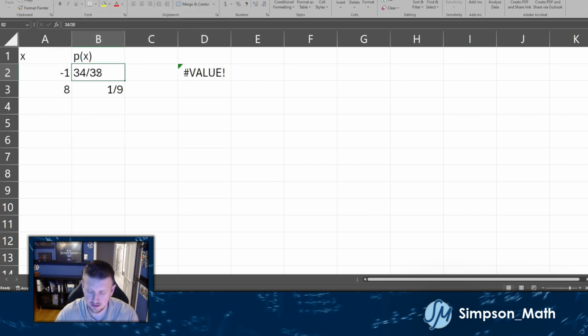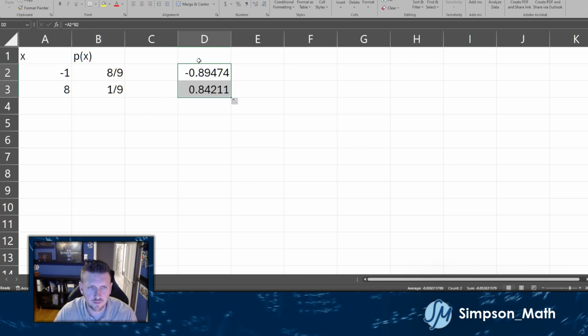Let me retype this in. 34 over 38. Okay, it didn't know that was a number, I guess. So now that it's behaving, I can fill down. I'm just going to call this my mean bits. This is the part of my mean here.